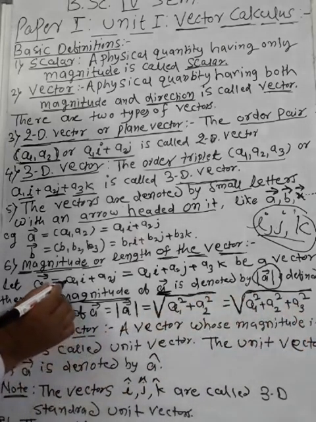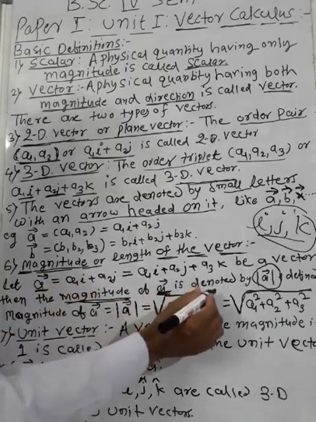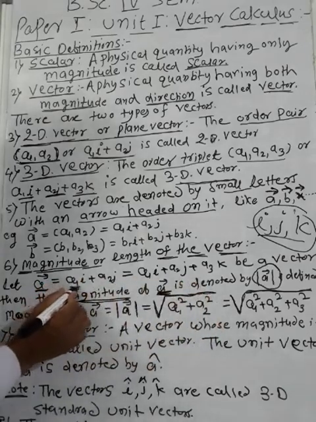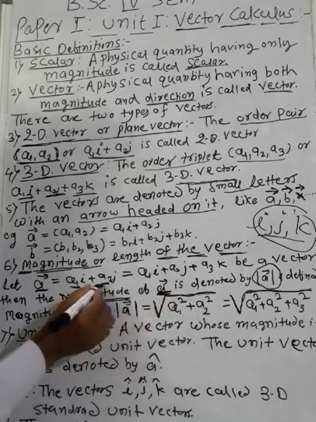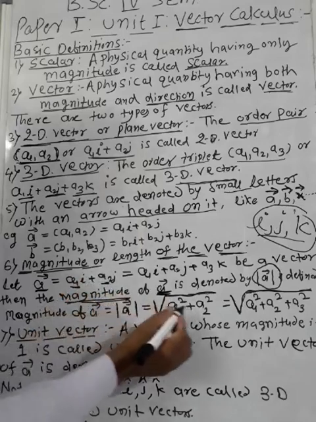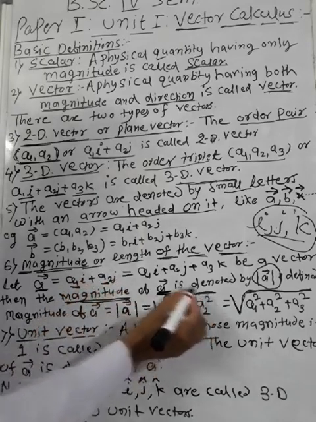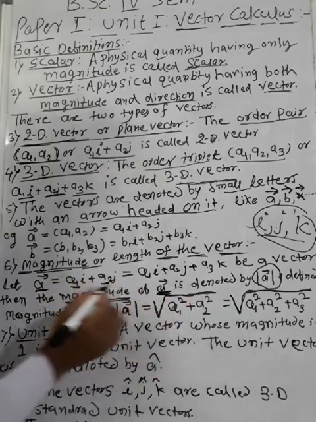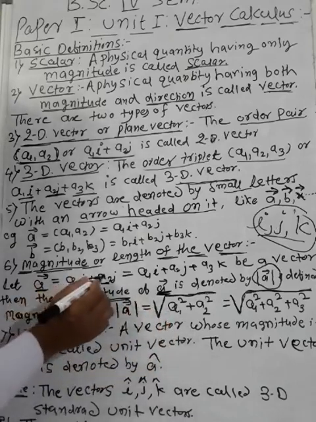Now, if a1 i plus a2 j is a vector, then its magnitude is the square root of the square of the i coefficient a1 squared plus the square of the j coefficient a2 squared, that is a1 squared plus a2 squared.